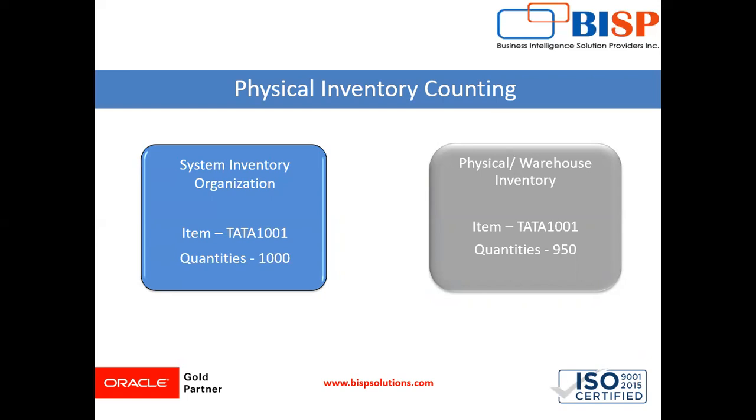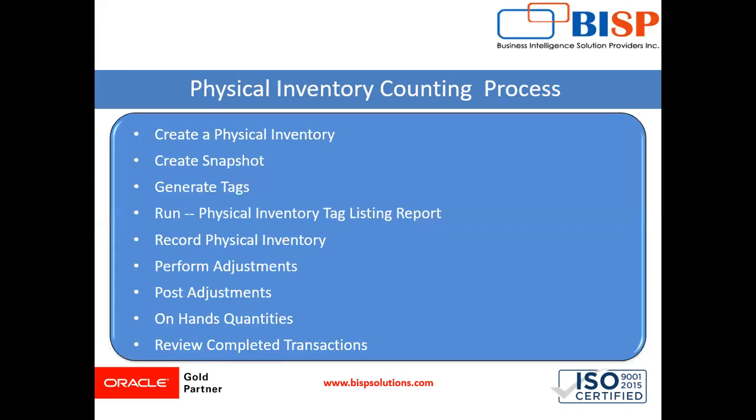So we have the physical inventory counting process. We have to create the physical inventory snapshot and generate the tags. This process verifies whether the actual on-hand quantity in the inventory organization matches the system on-hand quantity, right? So we have to perform all these processes.